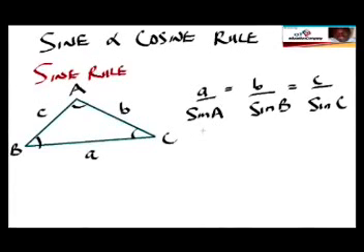You can either use A and B, or you're using B and C, or you're using A and C. It depends on how the question comes though. So we are going to look at a couple of examples, but before then, let's see where we need to apply our sine rule. So we'll take down the conditions for applying sine rule.